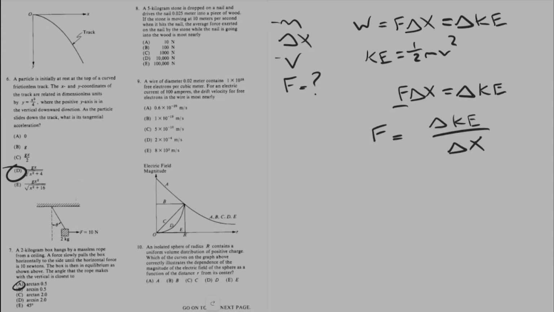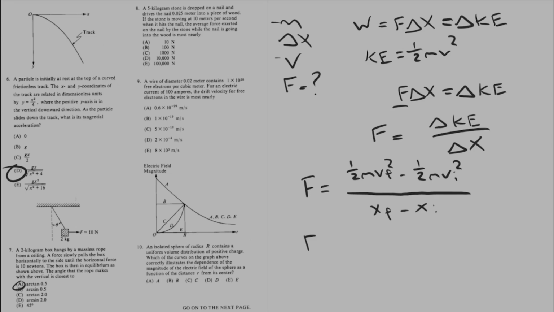Now essentially I just set this up. So I have the force is equal to 1/2 mv final squared minus 1/2 mv initial squared over x final minus x initial. I'll do that over here.